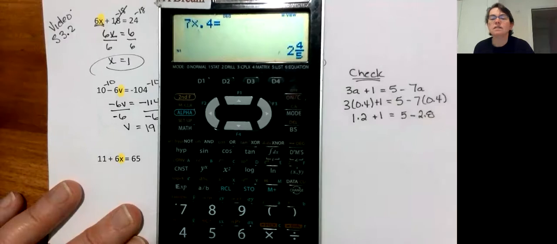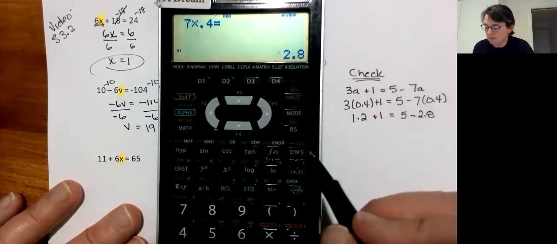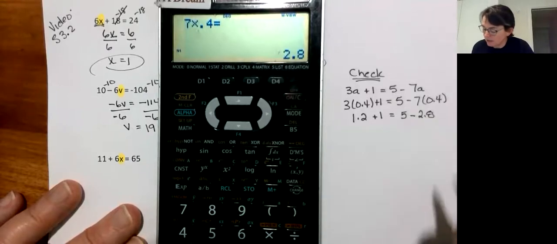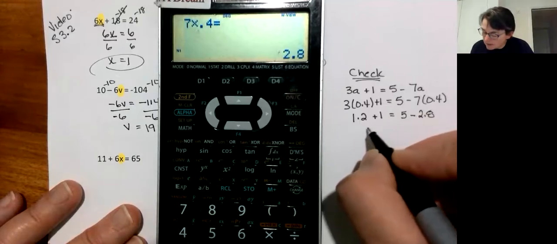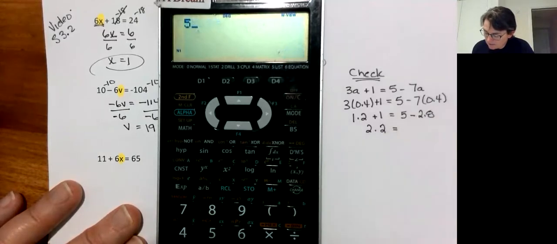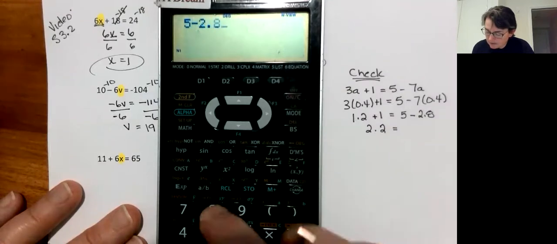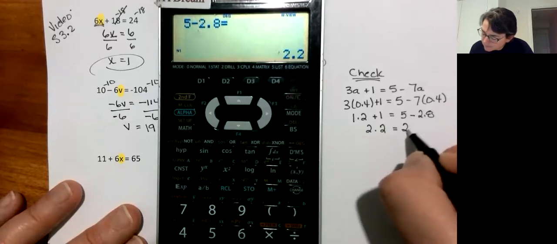It's somehow reset to give me fractions first. I just figured out that if I keep hitting that one button, it'll change it for me. 2.8, so we're good. So 1.2 plus 1 is going to be 2.2, is equal to now 5 minus 2.8, which is 2.2.